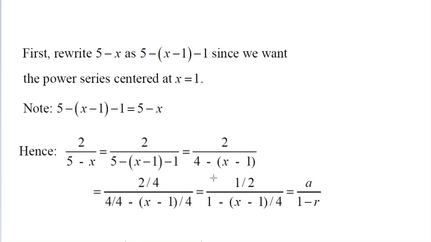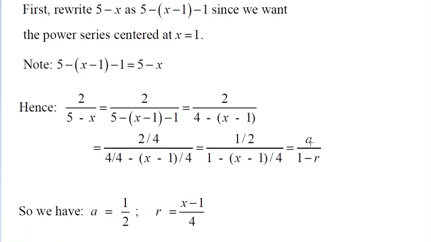And now this is in the form of a divided by 1 minus r. A will be 1/2, and then r will be x minus 1 over 4.